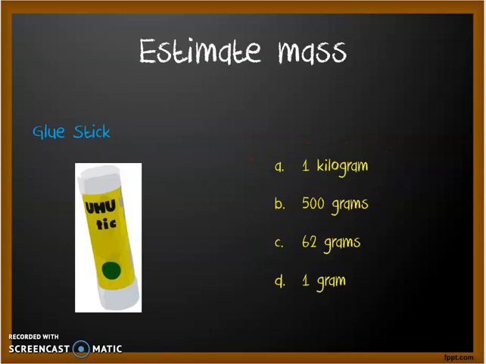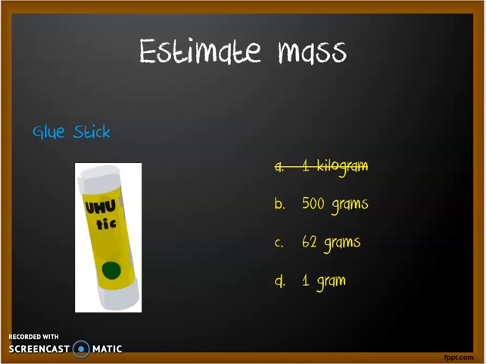Let's look at this glue stick. We have choices for the mass of the glue stick are 1 kilogram, 500 grams, 62 grams, and 1 gram. So hopefully you are seeing some choices that we could definitely get rid of. I know for sure I could get rid of 1 kilogram, because 1 kilogram it's like that big dictionary, and I know that a glue stick is not about the same as one dictionary.